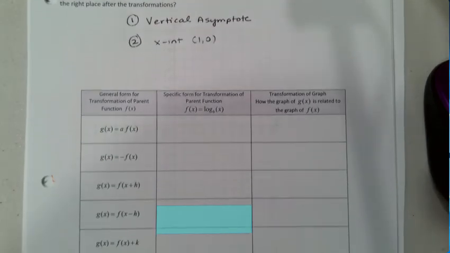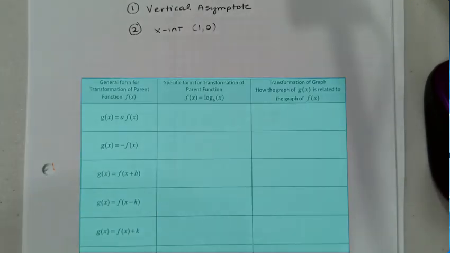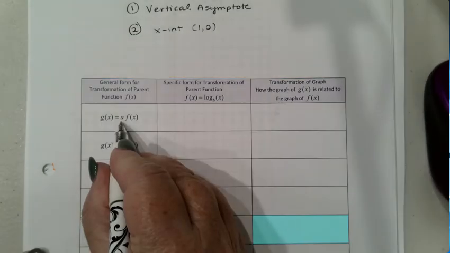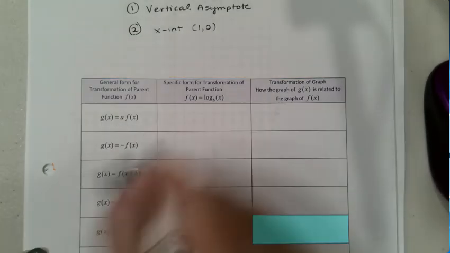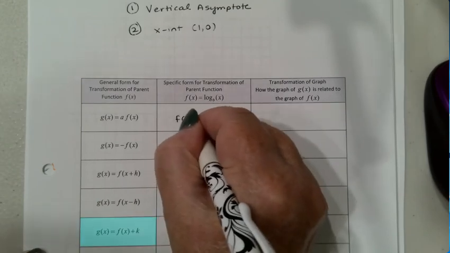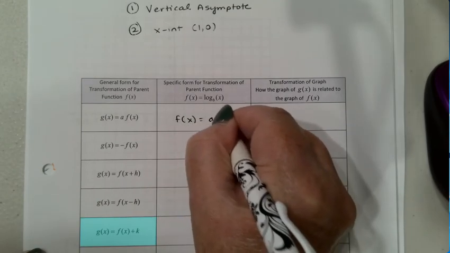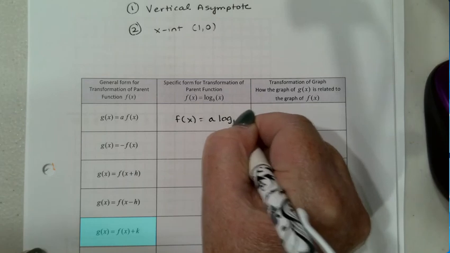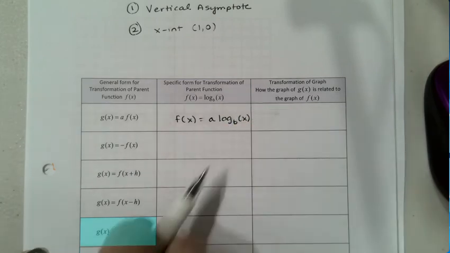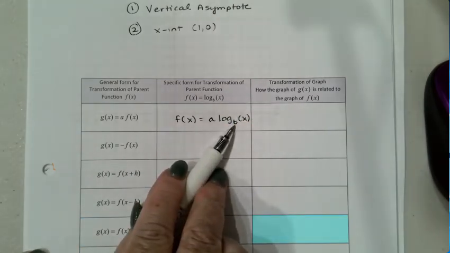All right, let's just take a look at how our shifts, which are now pretty familiar to us, are going to look in the case of the logarithm graphs. So if I have a multiplier of a on my function, for a logarithm graph, that's just going to be a times the log base b of x. I just use the b here to avoid saying, hey, it's base 2 or base 5 or whatever.